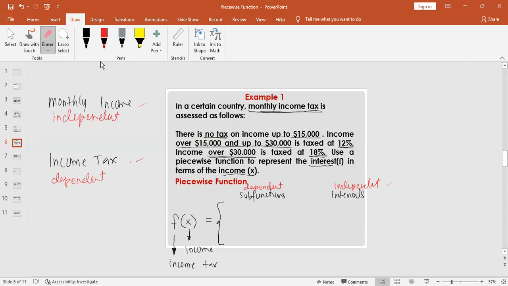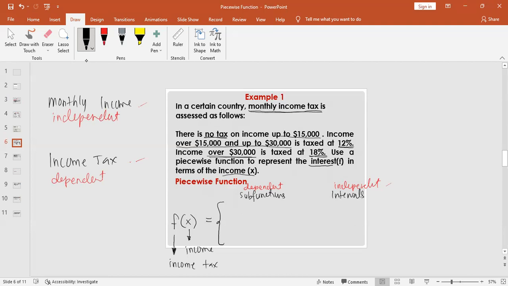So, now, going back to the given problem, how many conditions are there? Ilan ba yung given na conditions dyan? Kasi class, kung ilan man yung given na conditions dyan, yun din yung bilang ng magiging subfunctions.